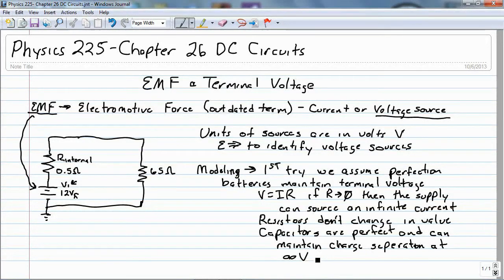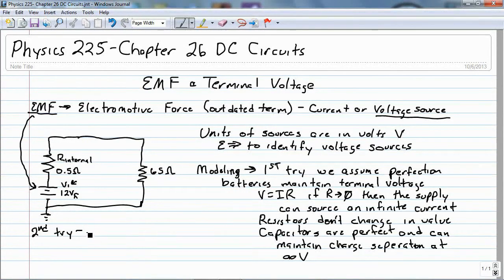Okay, so this is the idea of modeling. This is our first try, and that's what we're going to be dealing with. Our second try, well, we begin to model the model.